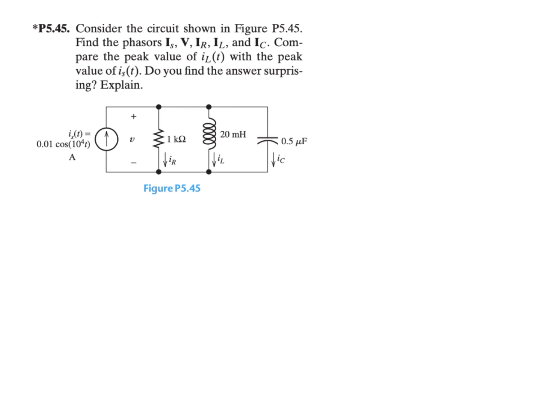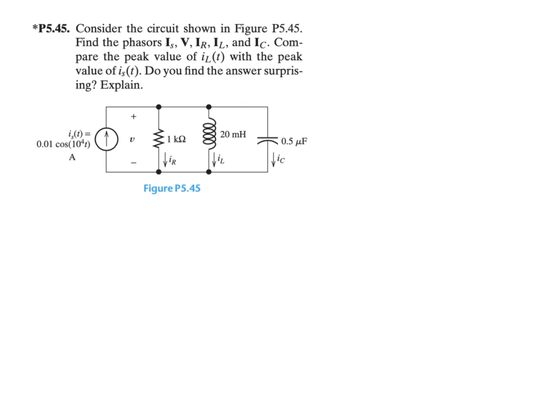Let's recall what we learned from week 2 and week 3. For this type of questions, we have elements all connected in parallel. So what we first need to do is to do the circuit simplification.